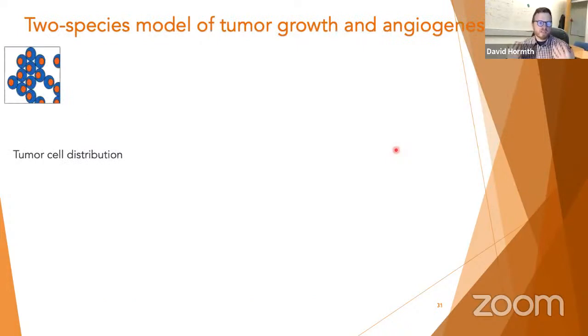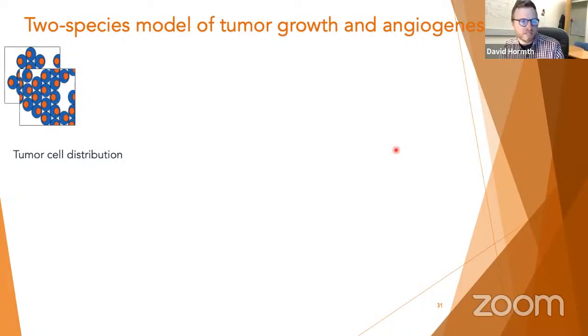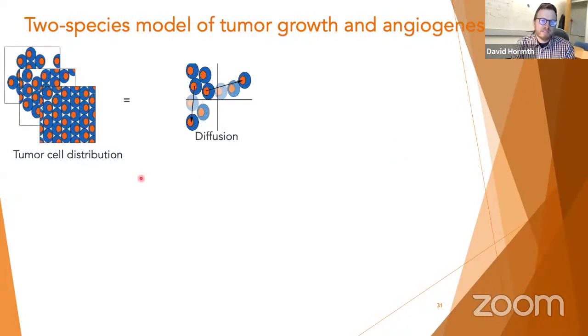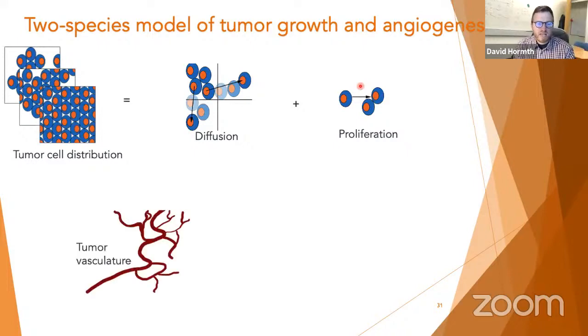The model that we use to describe tumor growth and angiogenesis is this 2-species model. The first equation describes the change in tumor cell number in space and time as a function of the number of cells diffusing, so moving between voxels, plus the number of cells proliferating within an individual voxel. And then we have an equation for the tumor vasculature.